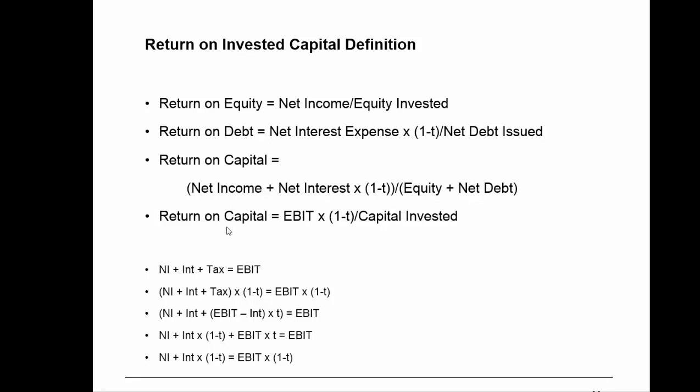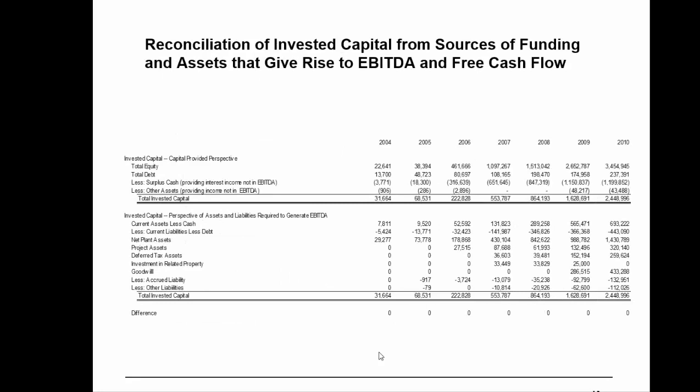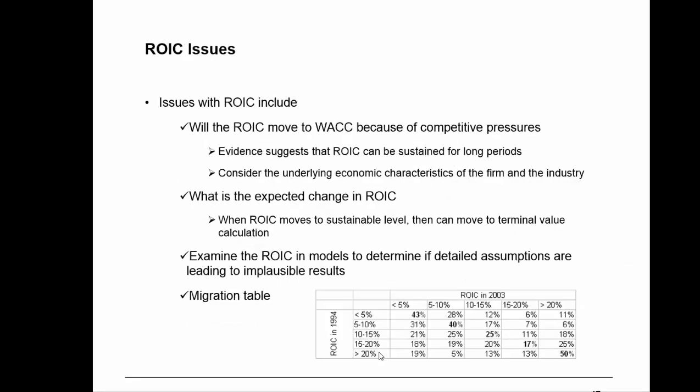And then you can say, well, net income plus interest is EBIT, but we have to take 1 minus the tax rate. So we can take it out here, and then equity and debt and everything, okay? And here's some illustration with return on equity, return on invested capital, and return on debt, and some reconciliation.